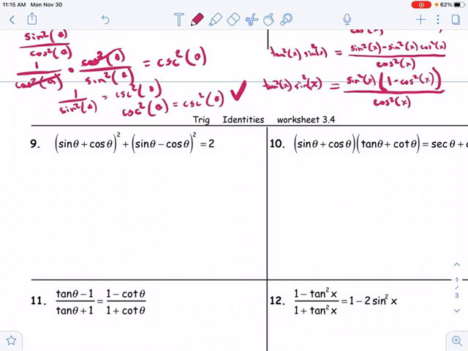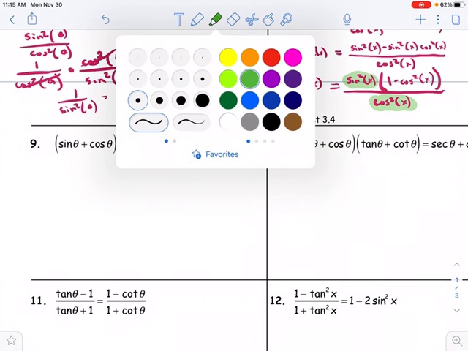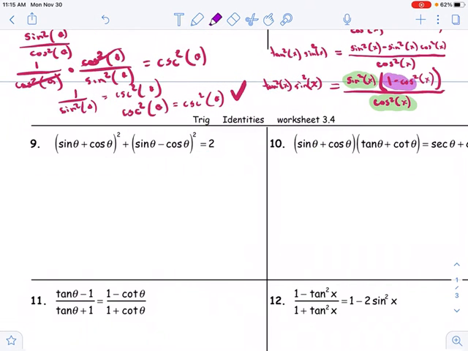And I can see the following. Sine squared x over cosine squared x is tangent squared x, right? So that's just using a tangent identity. And then I can also see that 1 minus cosine squared x, if I do a Pythagorean identity, is sine squared x. So that's kind of the next two pieces of logic that I'm going to do, and I'm going to write these just down here.